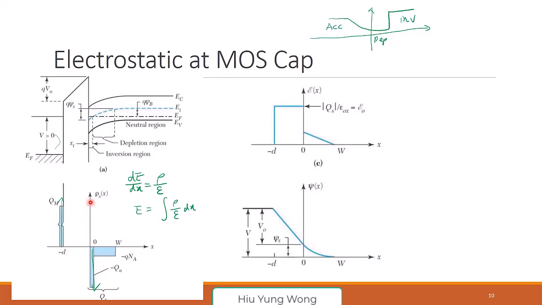Correct? And then suddenly, I see this negative charge. It will go down. And then I continue to see negative charge. It reduces the total area, because it's negative. It goes down in a straight line because this is constant. And that is how you get the integration.